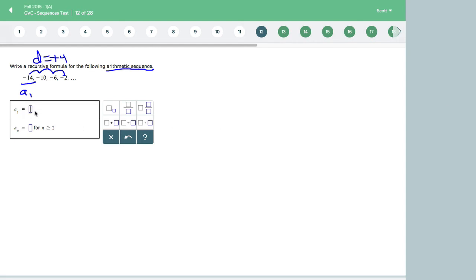We can fill in the blanks now. So we have negative 14, and if we look at the sequence formula, we can see it's always going to be a sub n minus 1, and then arrow over to get up out of that, and then it says plus d. So what's our d? It's plus 4. So that's how you fill in that one.